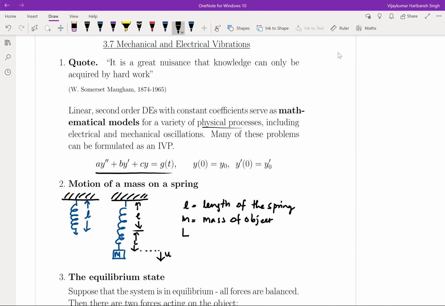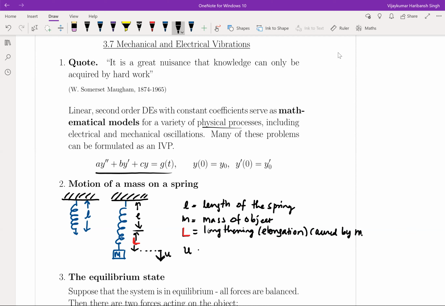Now this will cause an elongation L, this L, elongation L. So this is your lengthening or elongation caused by M. And so once this stretching by L happens, that is what is called the equilibrium position, and any motion beyond that is what we'll call displacement.